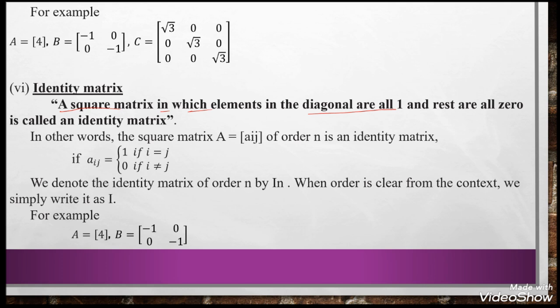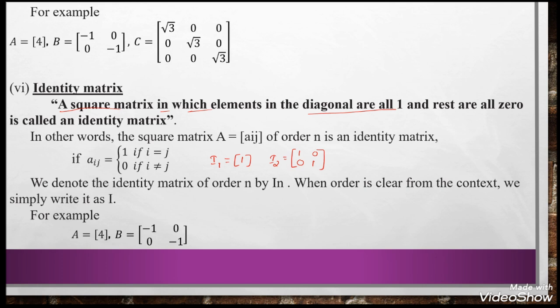Usually, the identity matrix can be taken as I1, which represents order 1, that is 1. Then I2 is the identity matrix of order 2. So 1 comma 1, then non-diagonal elements are equal to 0. It is the identity matrix of order 2.